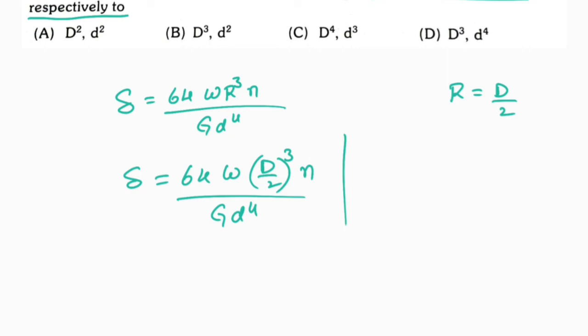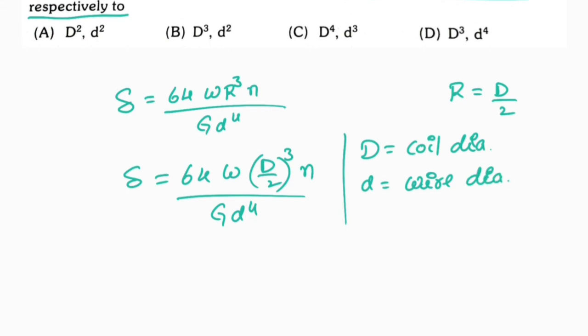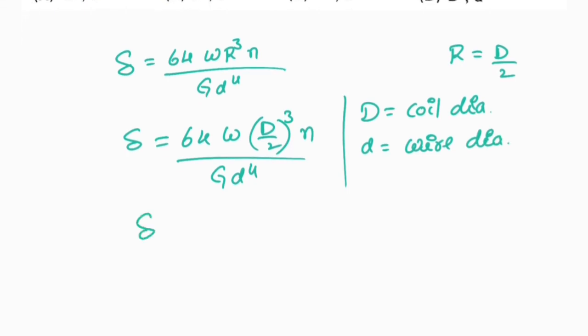Here remember, capital D equals coil diameter and small d equals wire diameter. Clarity in the information is very important. It can also be written as deflection equals 64 into W into D cube into N by 8 into G into d power 4.